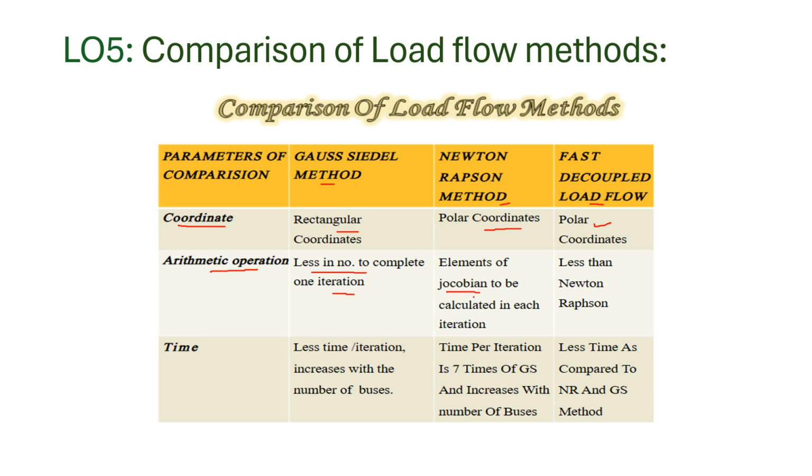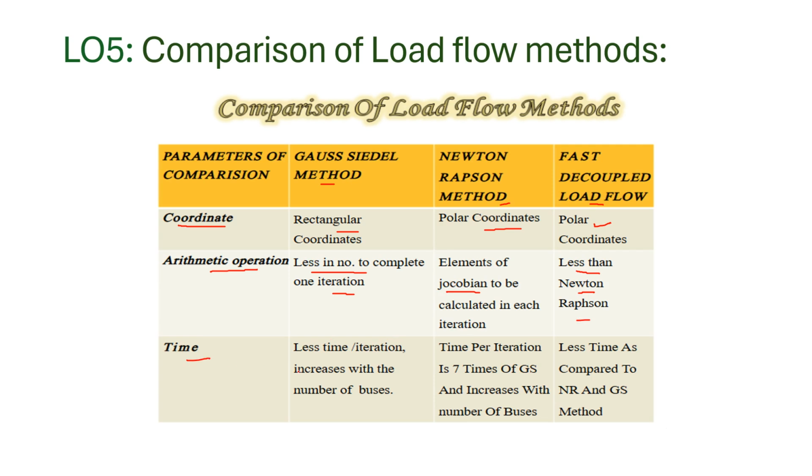The computation of the Jacobian matrix will take many more calculations. In fast decoupled, it is lesser than Newton-Raphson, as we have seen, because of some assumptions and because of decoupling. So in the fast decoupled method, there are fewer operations.